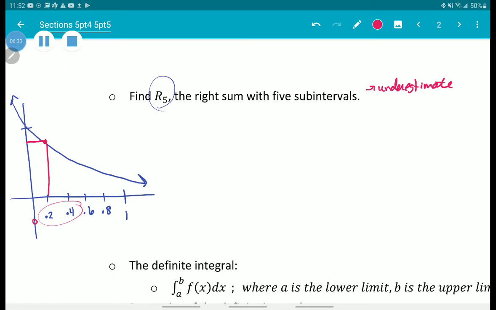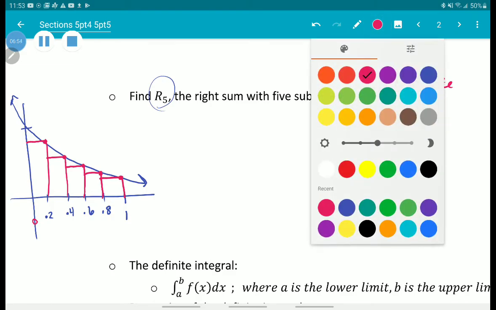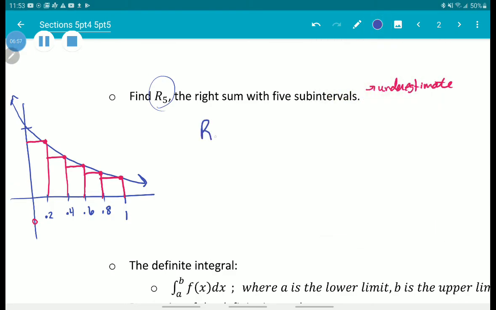The right endpoint of the next section is at 0.4. Go up to the graph at 0.4, draw your rectangle. The right is at 0.6, go up, draw your rectangle. And so on. So if we want to find those rectangles, we've got to find the area for each one. The first one is going to have a width of 1/5. To find the height, it depends on the function at 0.2.